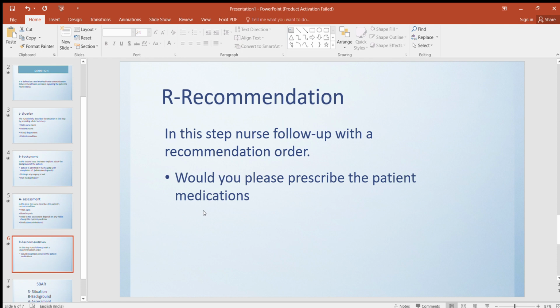So if the patient needs any dietary changes, activity changes, or medication changes, she has to mention them briefly in that recommendation area. And discharge planning, anything about the patient that is recommended on the shift change.